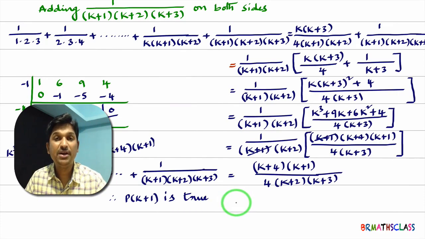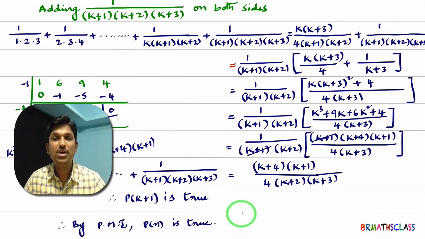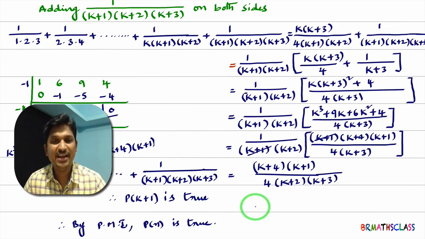So what happened? In the first case, we proved that P of 1 is true. In the second case, by assuming P of k is true, we proved P of k plus 1 is true. Therefore, by principle of mathematical induction, we can say that P of n is true. Hence, we proved the given statement by using principle of mathematical induction.